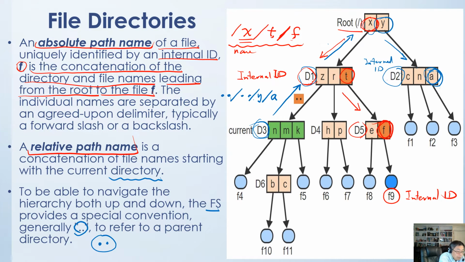So from the current directory D3 to access A, you need to use the relative path name. So you need to go up, dot, dot, /, dot, dot, / and then go down to directory D2 through the directory name Y, and then the file name A. Again, the internal ID for file A is F3, so that's the internal ID.